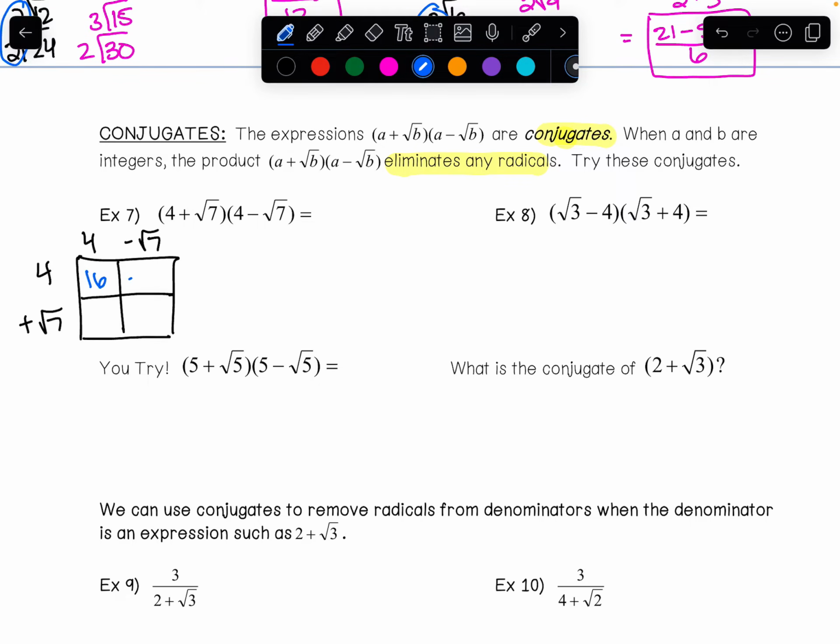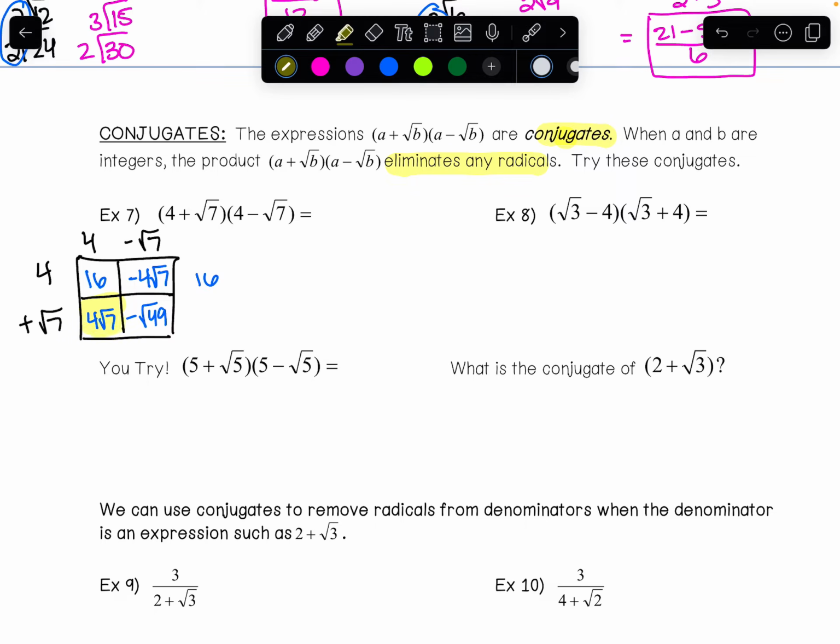4 times the negative square root of 7 is negative 4 square roots of 7. The square root of 7 times 4 is 4 times the square root of 7. And then positive square root of 7 times negative square root of 7 is negative square root of 49. So I have 16.